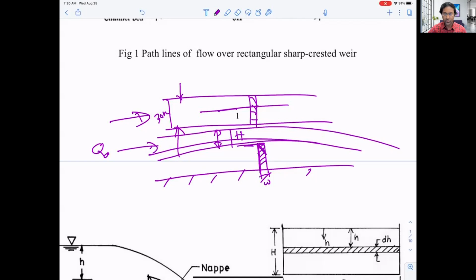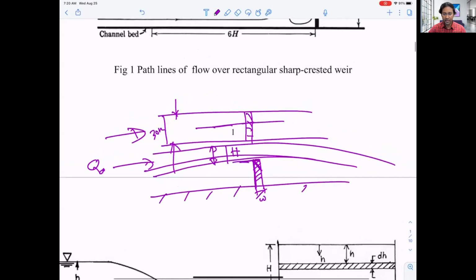Based on the structure or the shape, weirs are of different types. You can see there may be a circular shape, or there may be this V shape. In the next experiment, we'll see flow through a V notch. That is also a weir, but that is the most efficient flow measuring device.